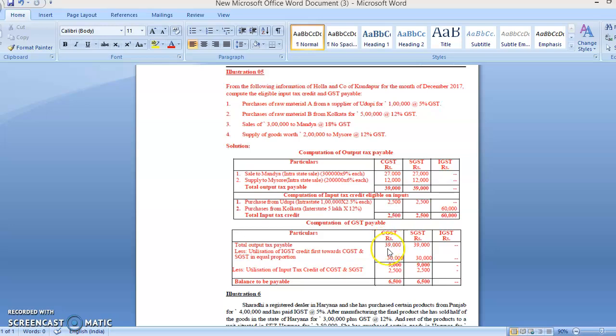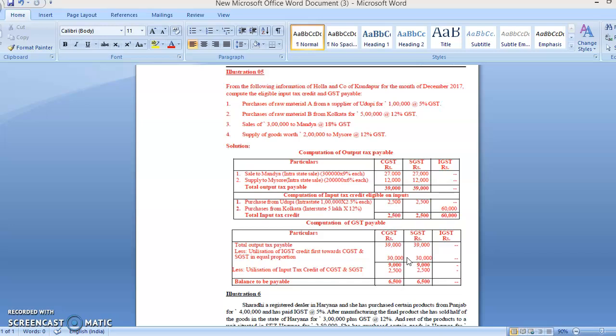First, let us see CGST. CGST 39,000 tax has to be paid, which we can pay out of 60,000 IGST credit available. Out of 60,000, we can utilize 30,000 for CGST tax payable as well as 30,000 for SGST tax payable. We can utilize in either way, either 60,000 out of 60,000 completely we can pay CGST tax or SGST tax.